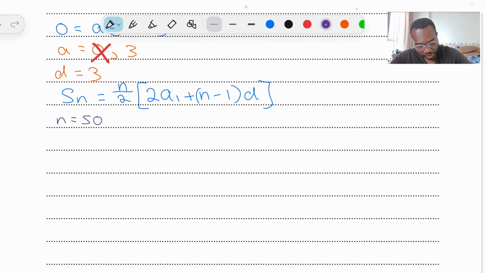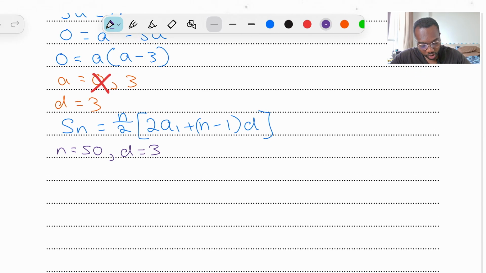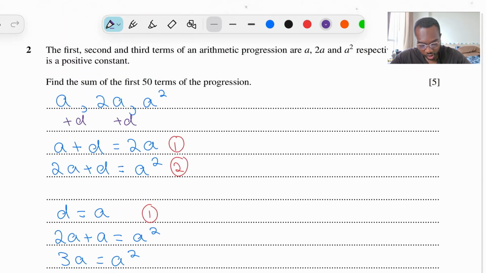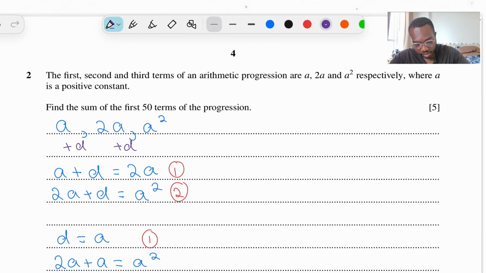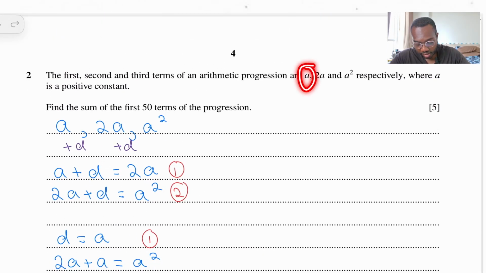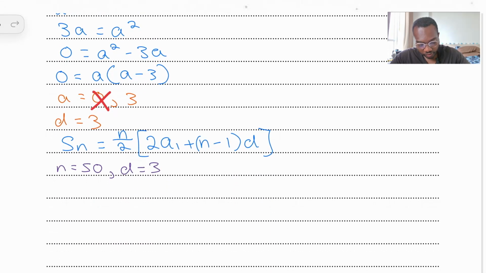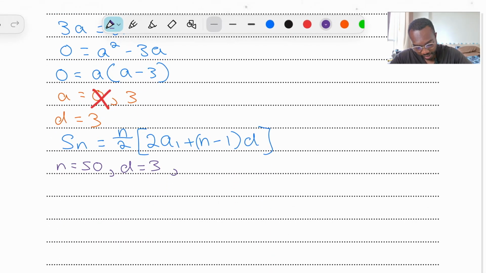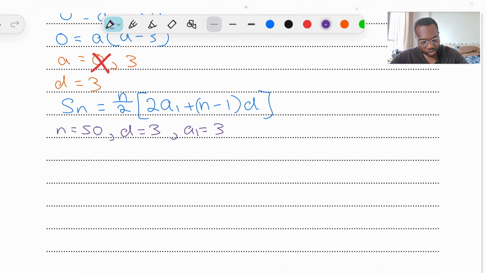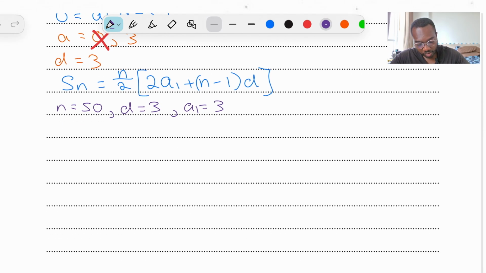Okay, we also know that d is 3. And for that a1 term, what's our first term? Well, our first term was, again, just a. So we know a is 3, therefore a1 is going to be 3. And now we just put this into the formula, and that should give us our answer.